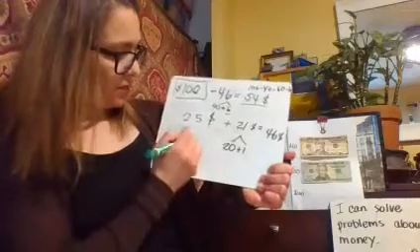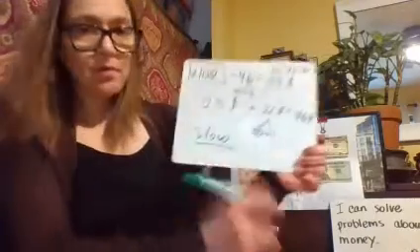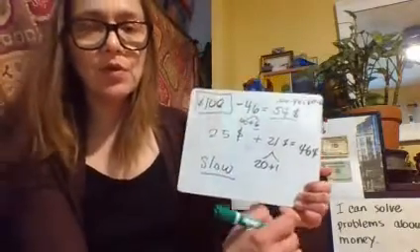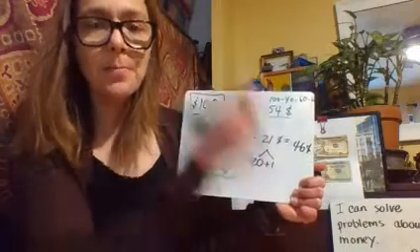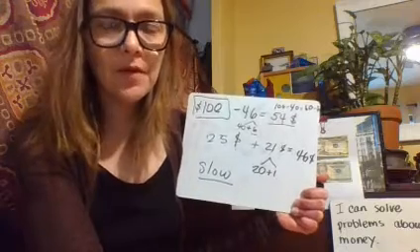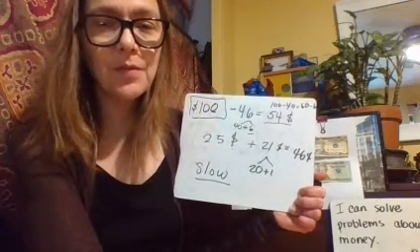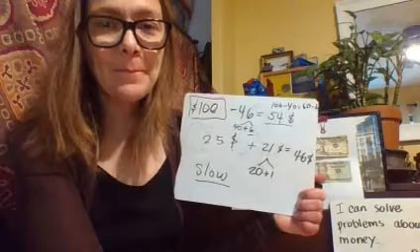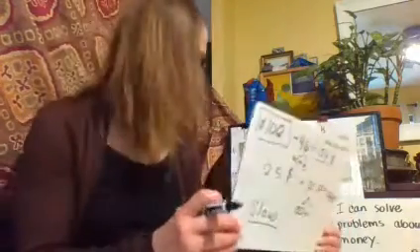So slow it down, read it several times, and circle the numbers that are included in the word problem to figure out what you need to do and approach it that way.